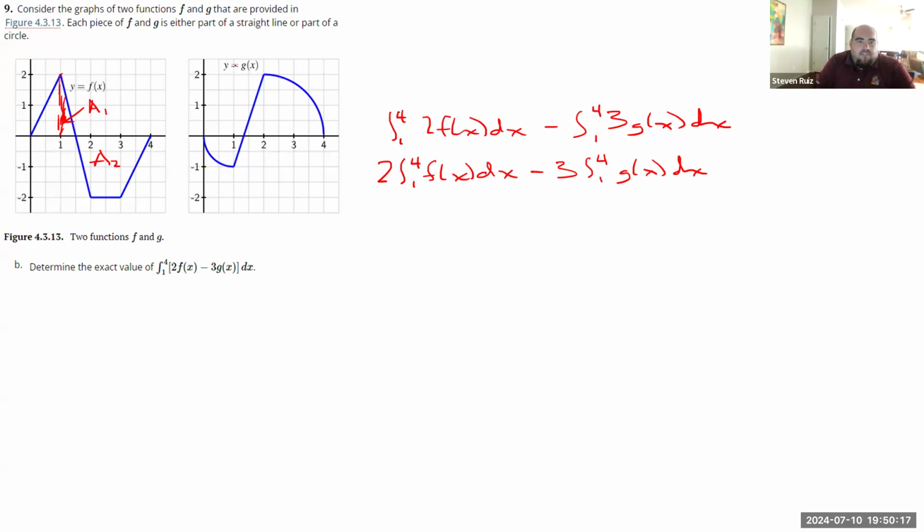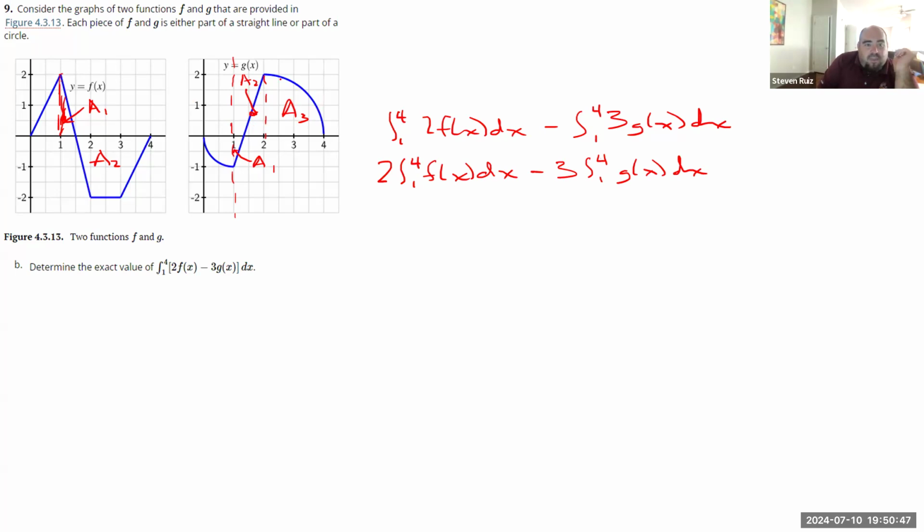So from 1 to 4, I think I'm going to have a small triangle below the x-axis, a larger triangle above the x-axis, and it looks like a quarter circle above the x-axis.